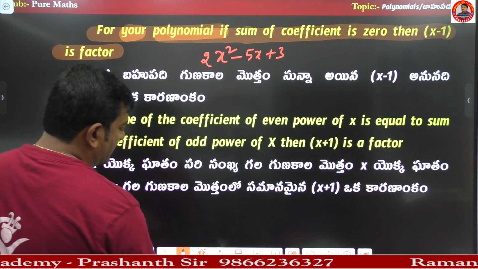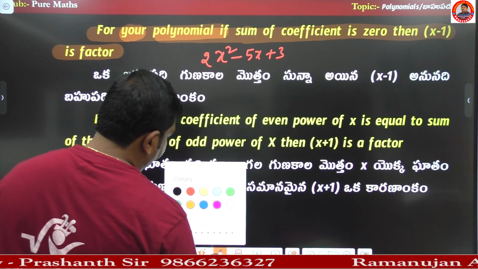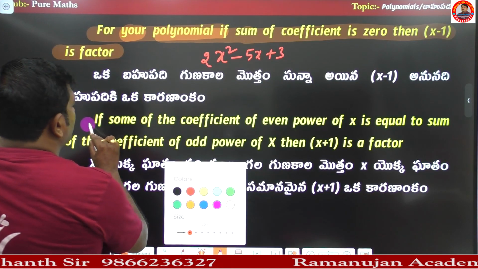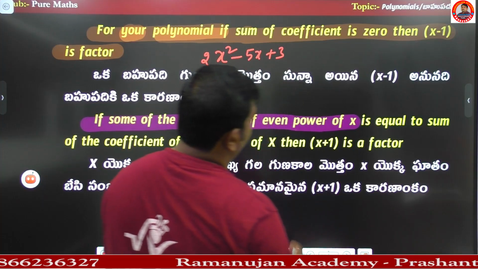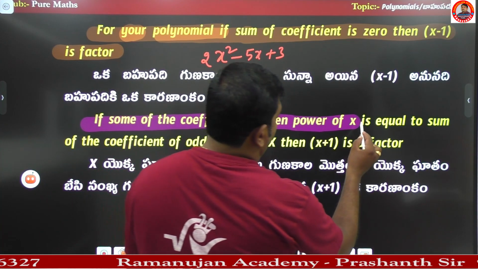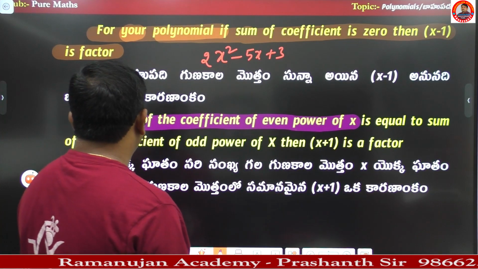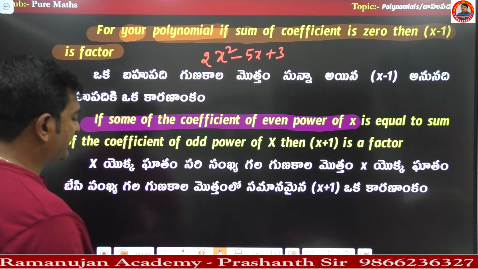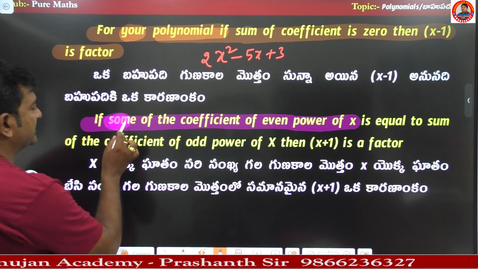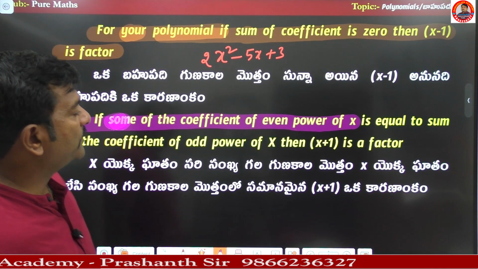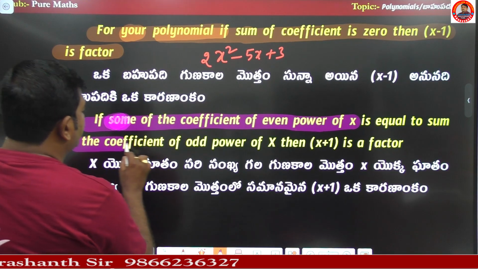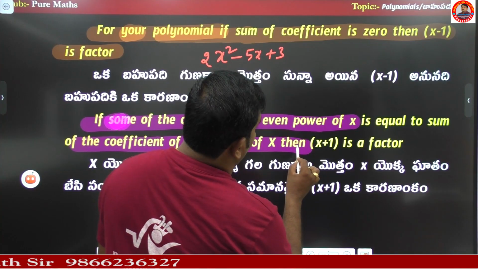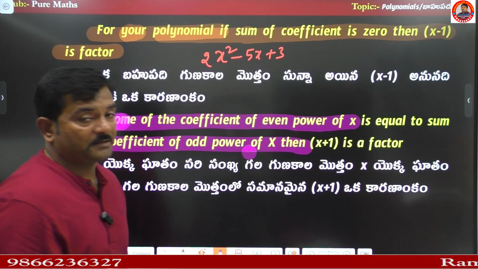Now we are going to focus on the second one. What is the second one? If the sum of the coefficients of the even power of x is equal to the sum of the coefficients of the odd power of x, then x plus 1 is a factor.